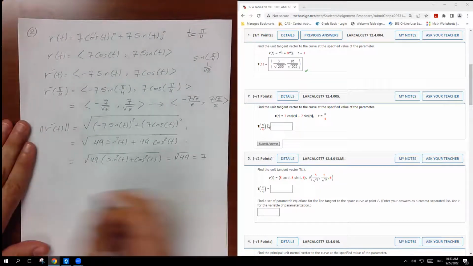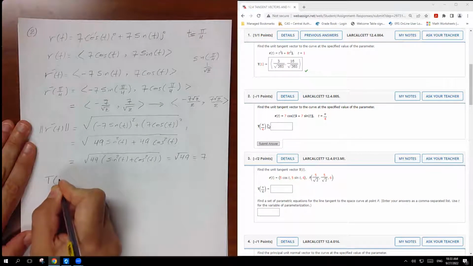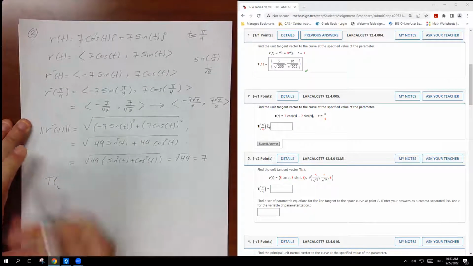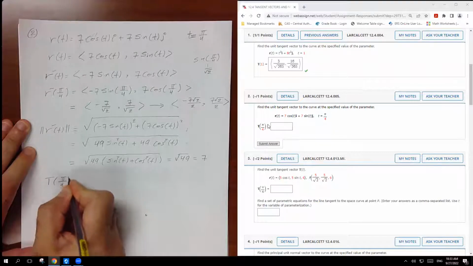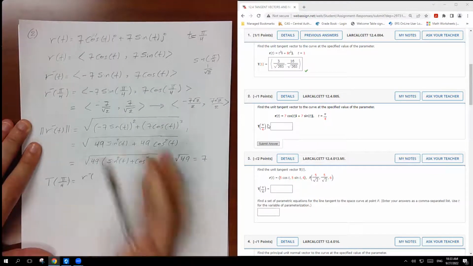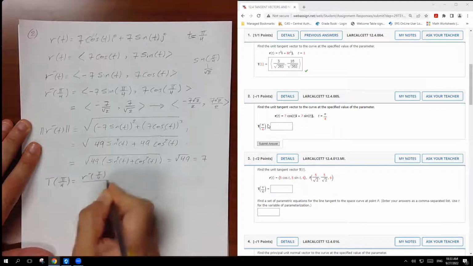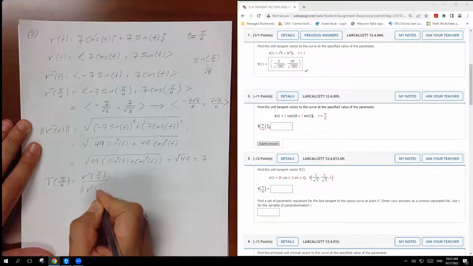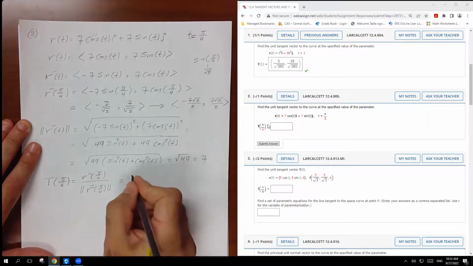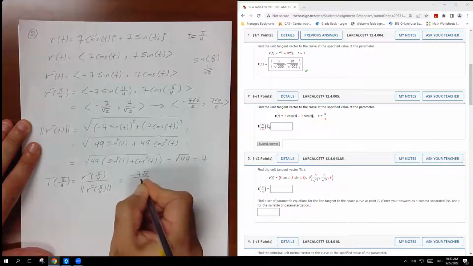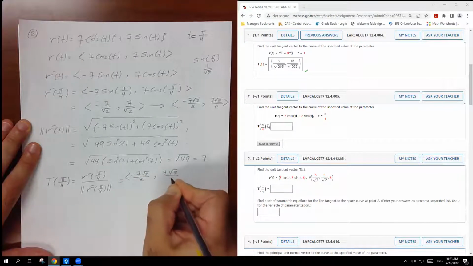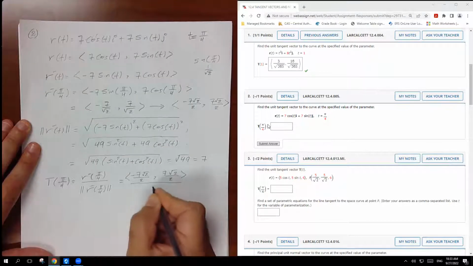So this is 7. Now the unit tangent vector with respect to pi over 4 is going to be r prime of pi over 4 divided by the length of r prime of pi over 4, which is this vector, -7 square root of 2 over 2 and 7 square root of 2 over 2, everything divided by 7.